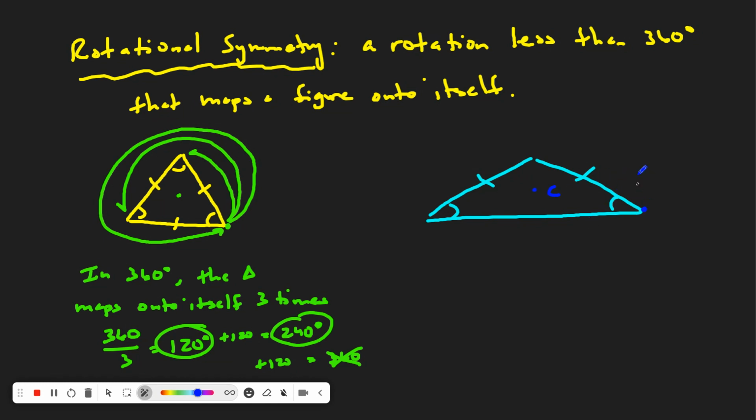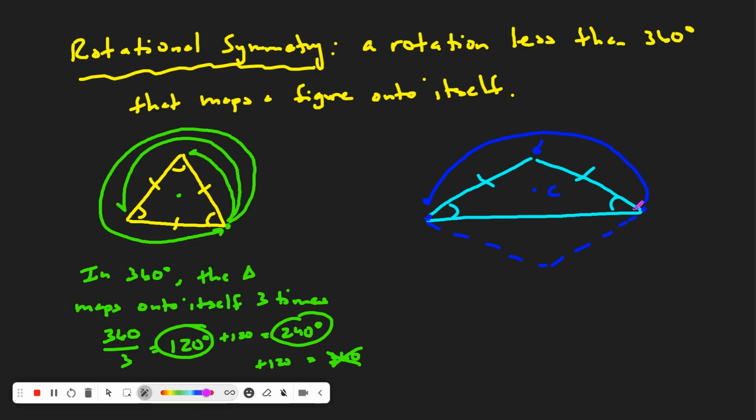So this point right here, maybe you think that we can go to here, maybe you're like, oh, that point's the same. But here's what's going to happen. This tip right here is going to point down then. That's what's going to happen when you rotate it and stop there. So it doesn't map onto itself. That's bad, right? So it does not have that rotation.